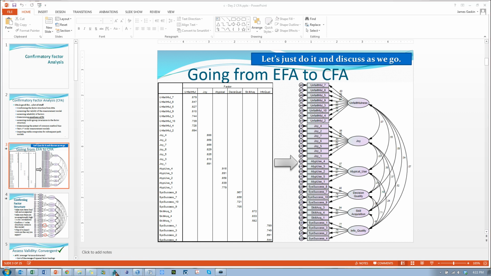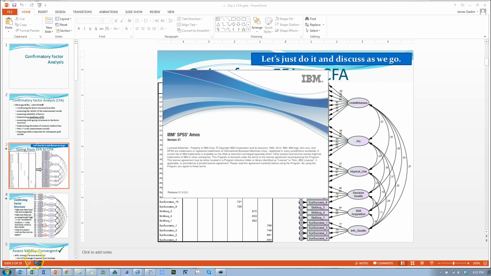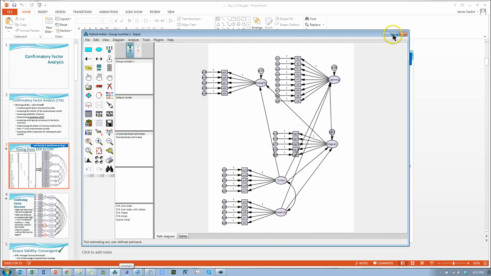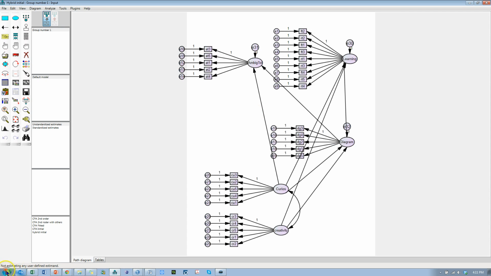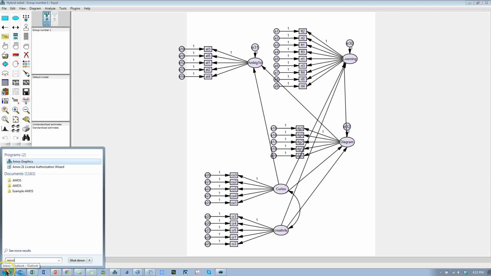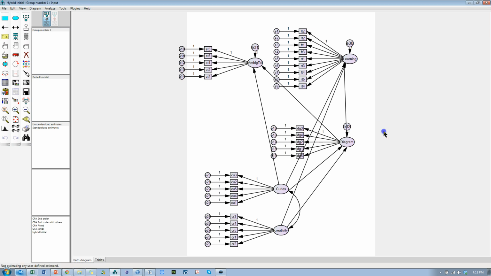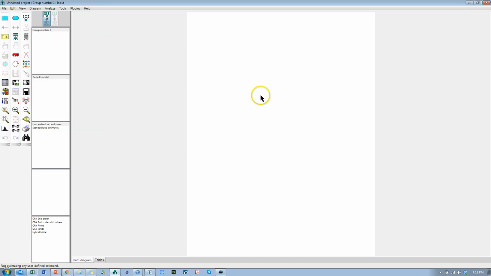So, we do this. We open up Amos. If you're on a Windows machine, which all of you are, because it only runs in Windows, you click on Start and just type Amos, and it's Amos Graphics. And whatever you last worked on will pop up. Whose model is this? Oh, that's Tim's. Okay, I'm going to just create a new one.